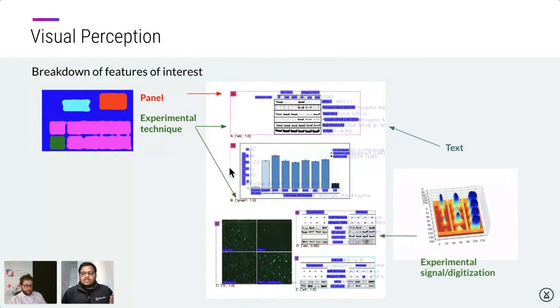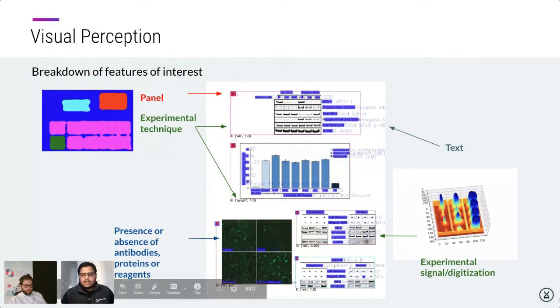She looks at individual experiments which catch her eye, which might indicate a signal which has some underlying meaning related to the experiment, as well as she might want to know the presence or absence of reagents such as antibodies, proteins, etc. And once she has all of this information, she needs to apply some logic or her intuition to stitch together a representation of the underlying biology.